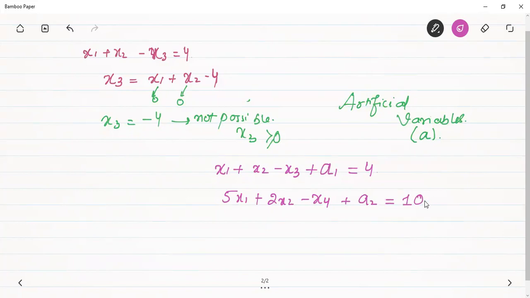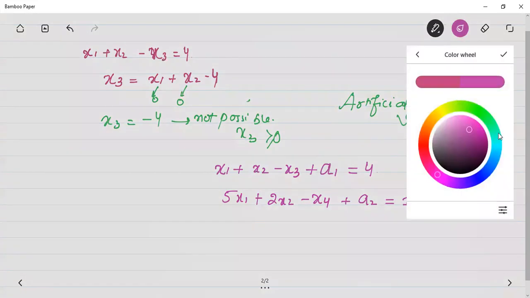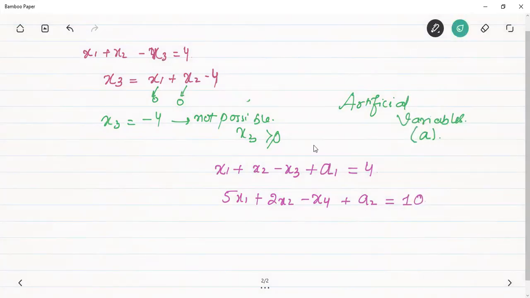Now the number of variables have increased. If I count the variables, x1, x2, x3, x4, and a1 and a2 are the further two additions. ठीक है, पहले चार थे, अब दो artificial variables add हुए.